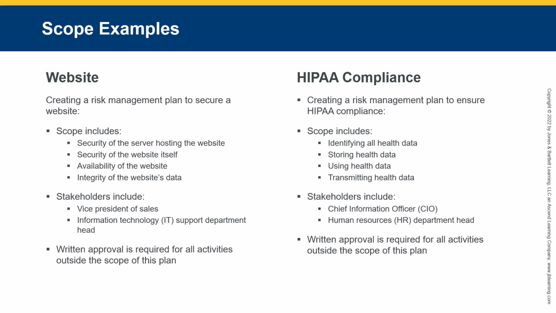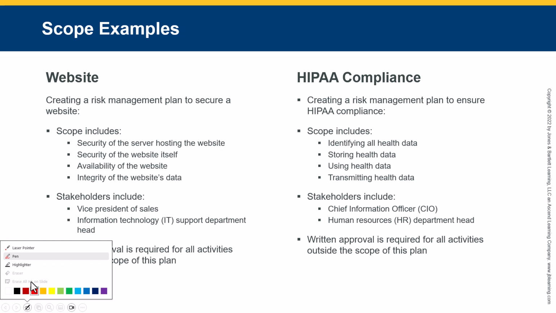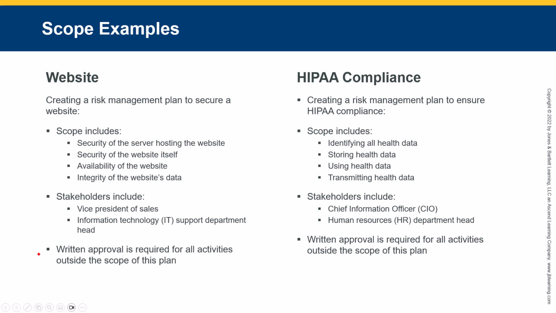So, scope examples. Let's say we're creating a risk management plan to secure a website. You define the scope. Let me grab my pen actually. Security of the server hosting the website, security of the website itself, availability of the website, and the integrity.